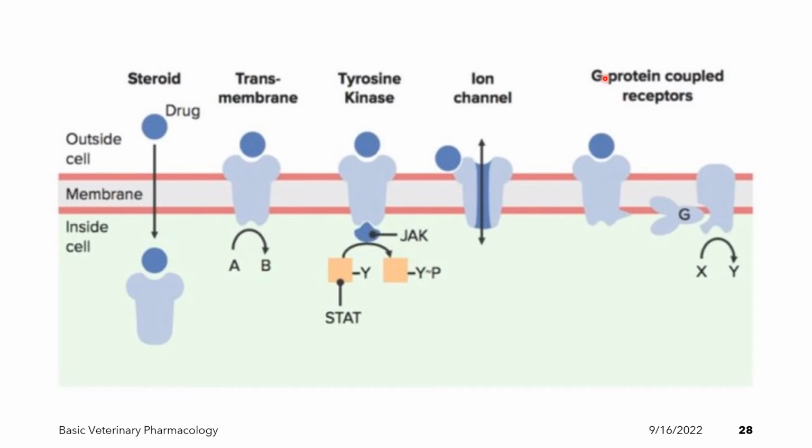We also have another family of the cellular receptors, the G protein coupled receptor. So the G protein coupled receptors are similar to the tyrosine kinase receptor, and the drug receptor complex will lead to the interaction of the G protein with the receptor.